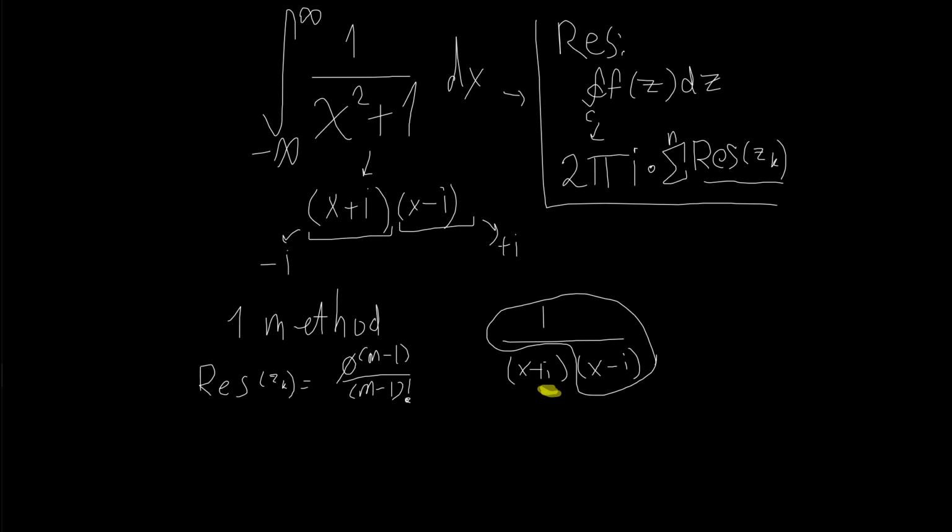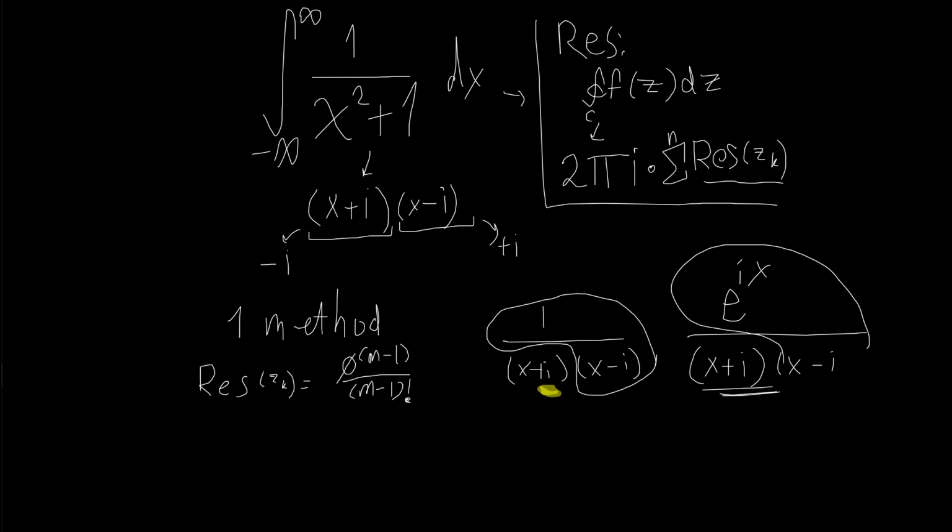So if you had something like 1 over x plus i on the bottom squared, phi would just be this part. It would just be 1. But if you had something like e to the i x over x plus i, x minus i, again, and you wanted to solve for the residue at this point, the phi you would use is just this part over here.